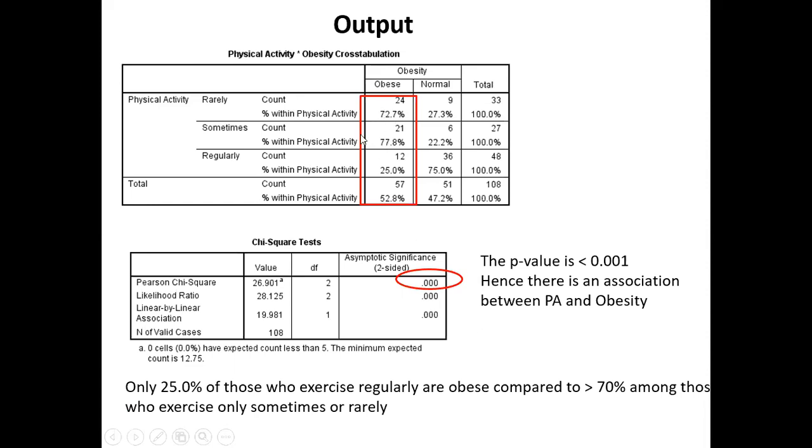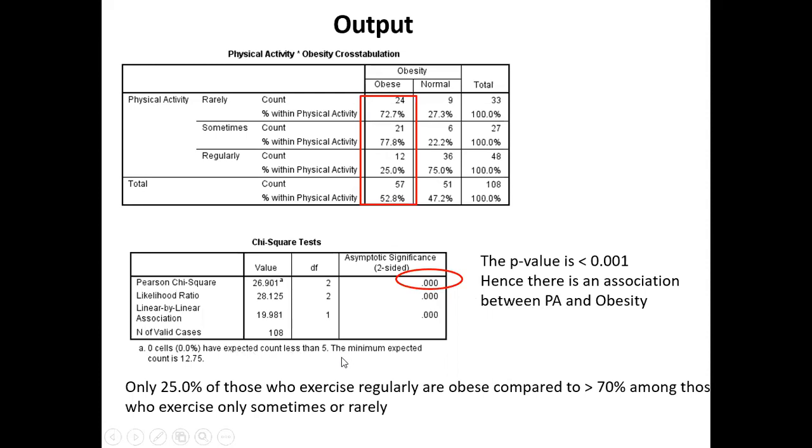So we run the analysis, look at the p-value, and conclude there is an association. How? We look at the percentages here. Among those regularly, only 25%. Among those rarely and sometimes, more than 70%. That's one assumption here.